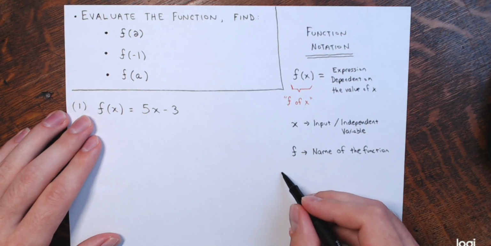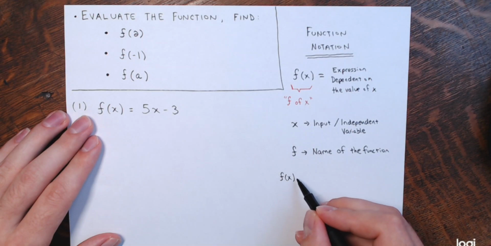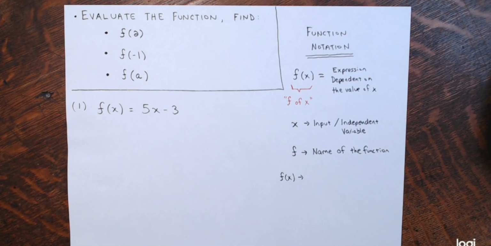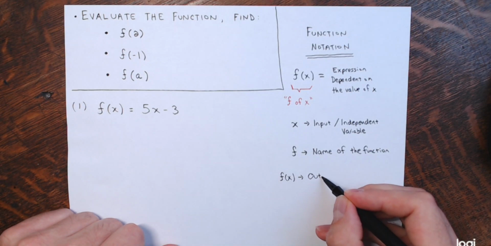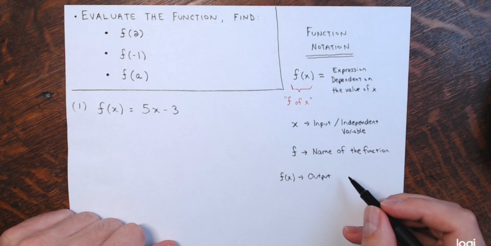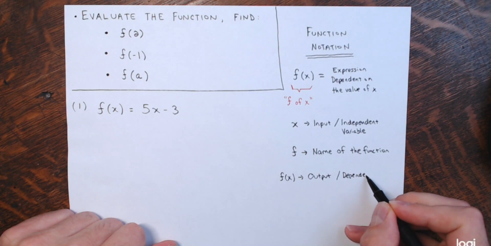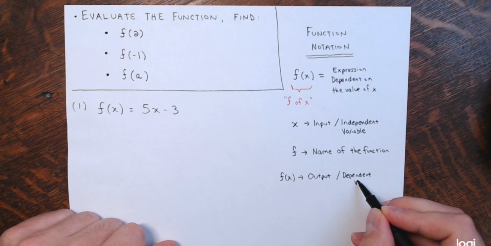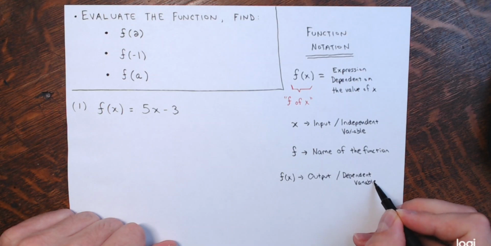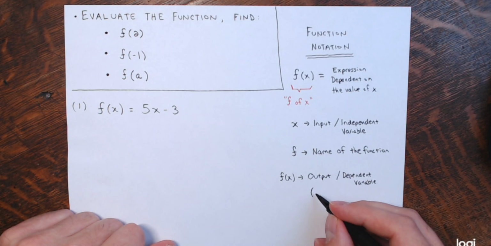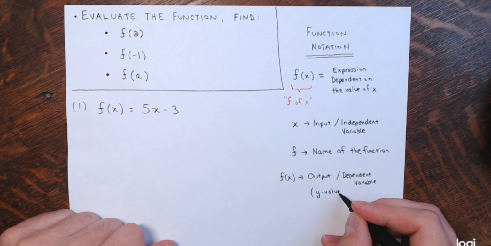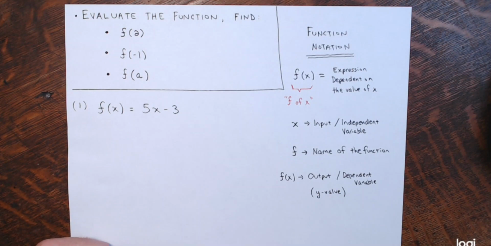And then f of x all by itself is the output, the dependent variable. So very often, f of x is a y value.